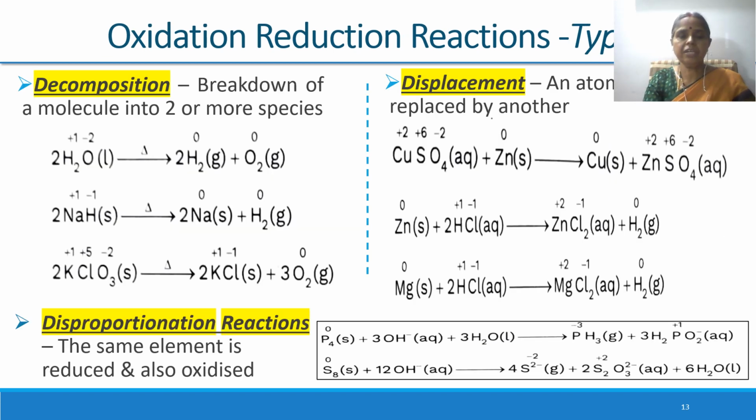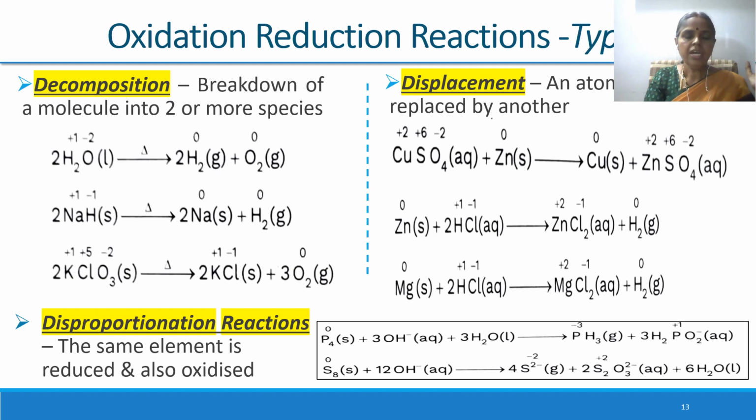Now let us see the other types of reactions. We have already learnt about the chemical combination reaction, and now let us see the decomposition reaction. The name itself indicates it: breakdown of one molecule into 2 or more species is what is called a decomposition reaction.